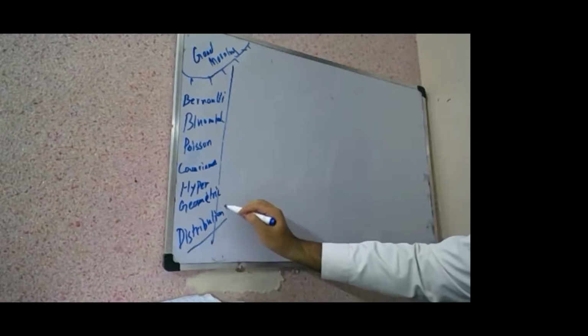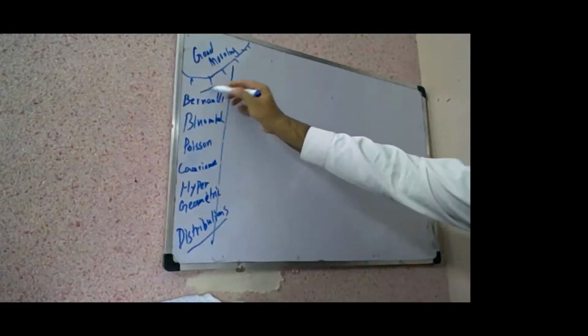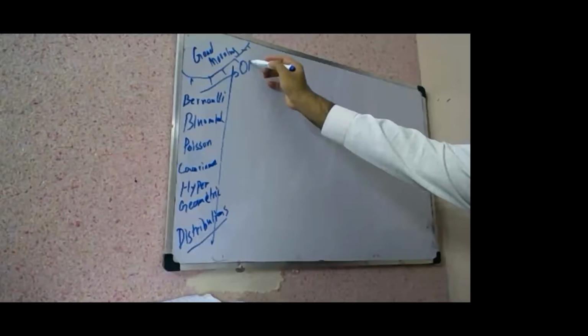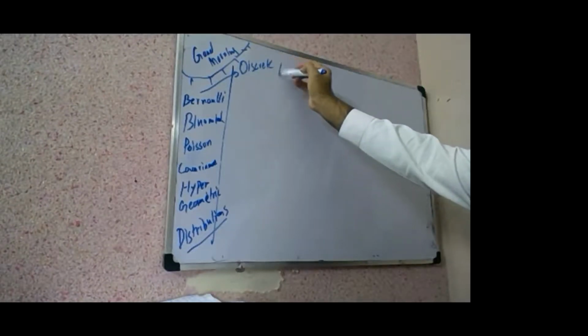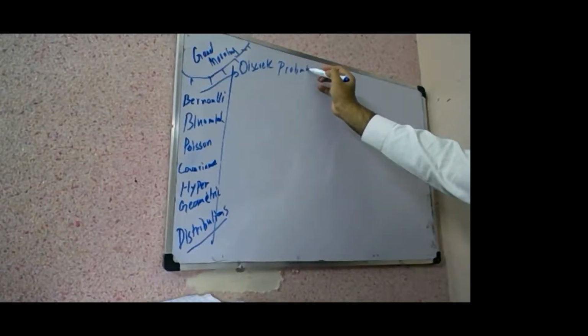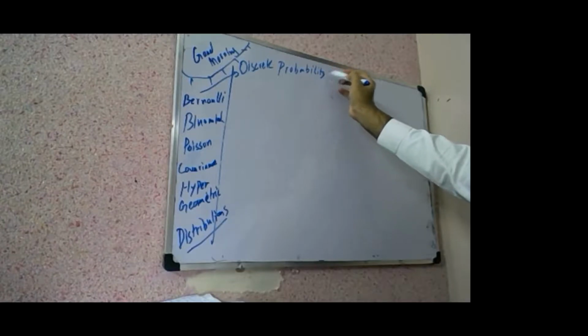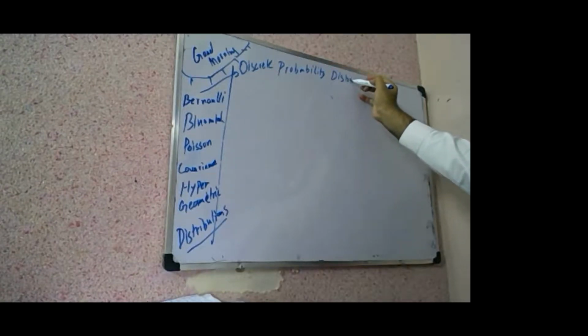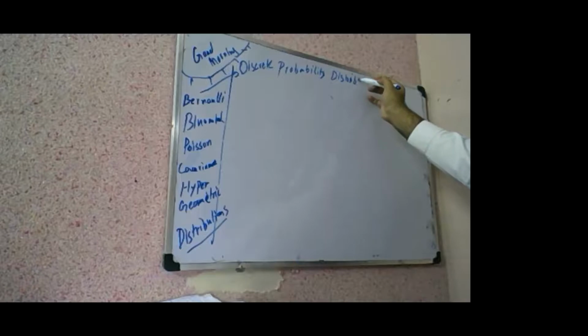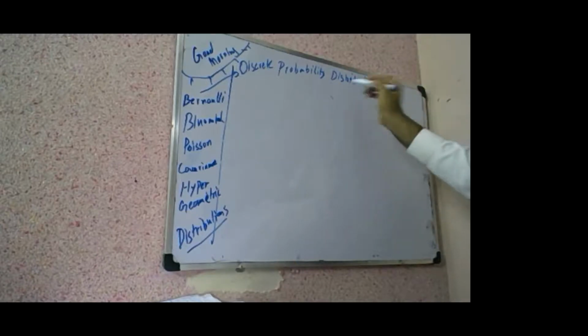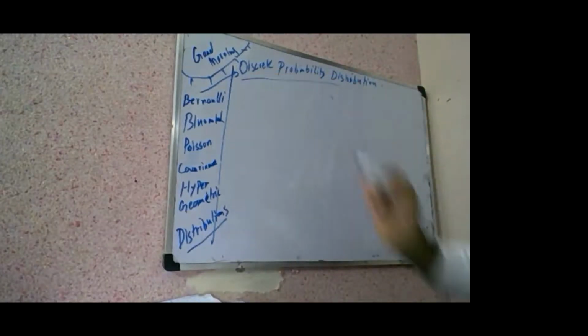In this section, we're going to cover all these. Remember, all these can be extracted from the discrete probability distribution. That's why it's really important to understand the discrete probability distribution. You can see it clearly.